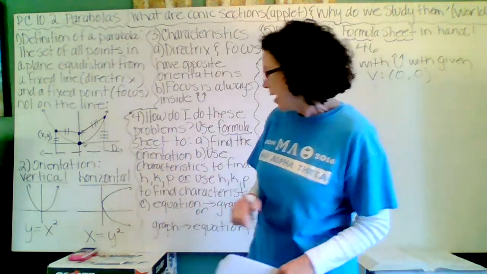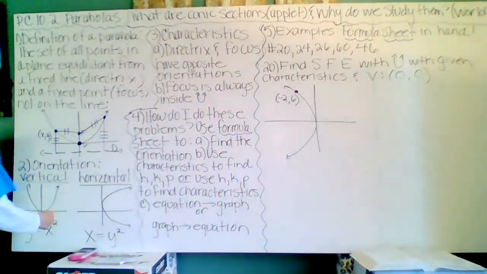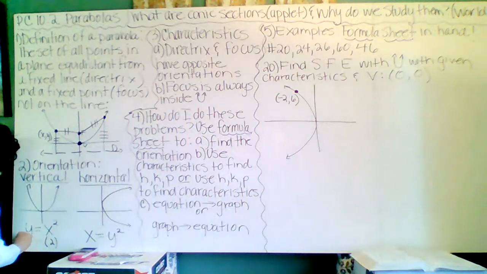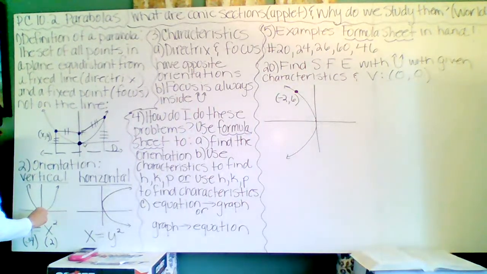So notice that on y equals x squared, the point 2 and 4 makes the parabola true. So here's 2 and 4, right? And also -2 for your x produces a 4, so -2 and 4.